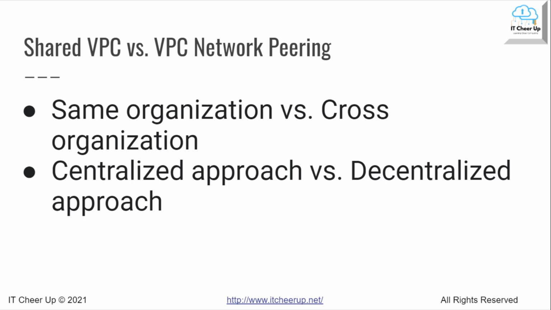Shared VPC is a centralized approach to multi-project networking by configuring the security and network policy in a single designated VPC. On the other hand, VPC network peering is a decentralized approach, where each VPC network can remain under the control of separate administrator groups and maintains its own global firewall and routing tables.